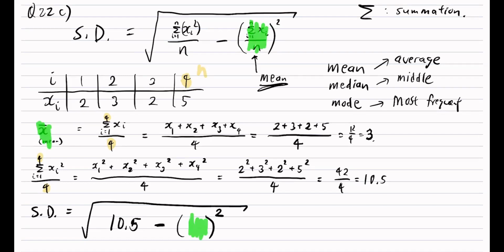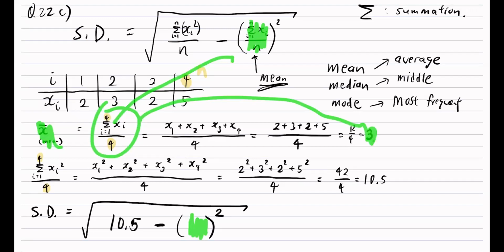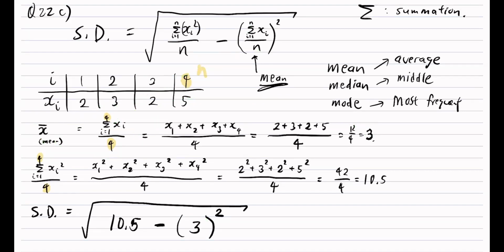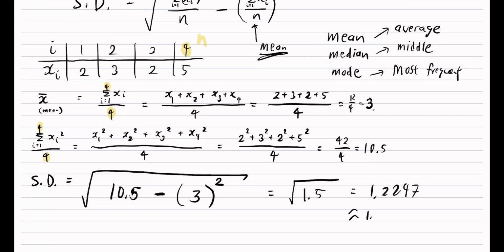It's actually x bar here, this guy here, which is 3. So put down 3. Then you just use the formula, square root of 10.5 minus 3 square. Let me check. 1.5. Square root of 1.5 is 1.2247. Then you just have to round off to 3 SF.